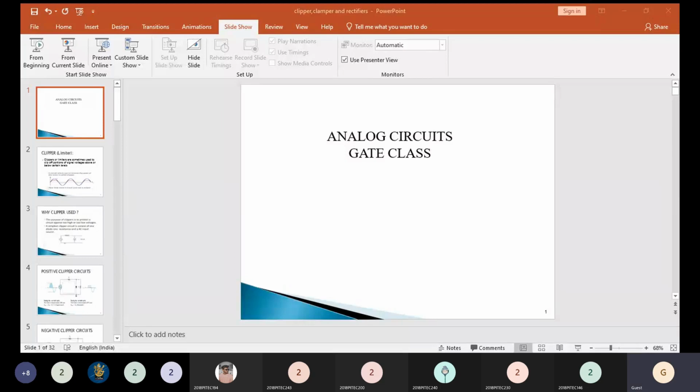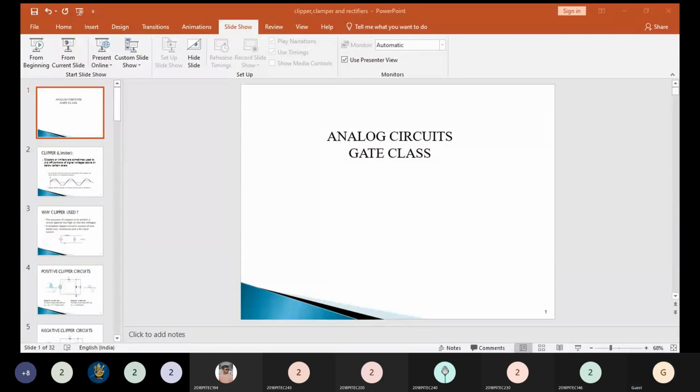The biased negative clipper is the same concept, only the connection is different. See here, the diode's anode is positive, and the cathode is connected through a positive biasing value. Here it is the reverse: the anode is connected to a negative biasing value, so the external biasing voltage is negative.